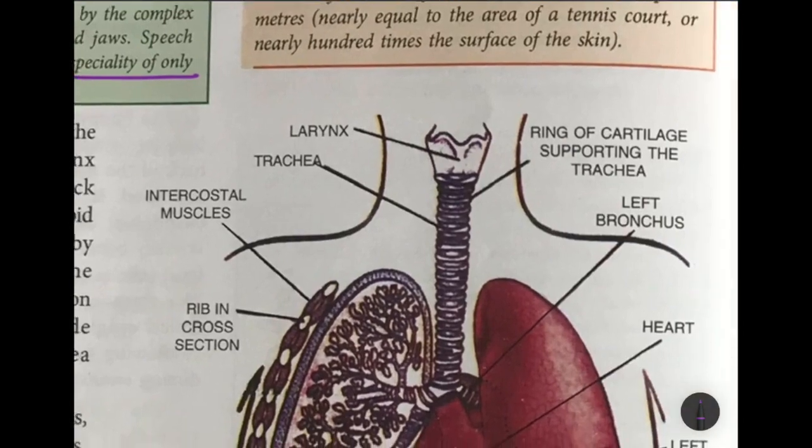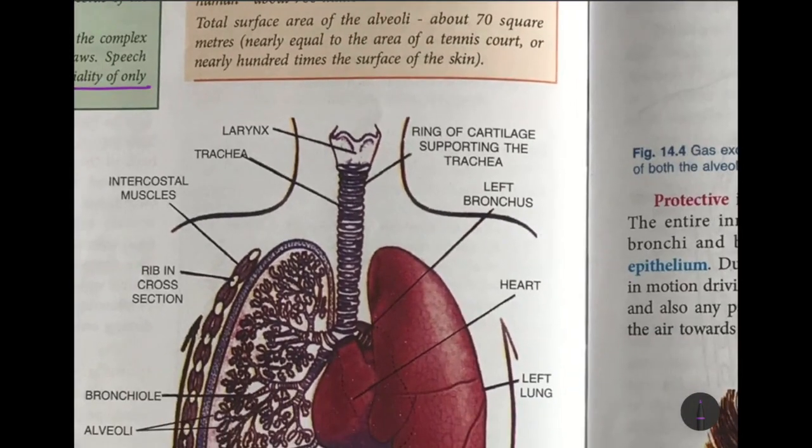Now next we come to the trachea. You can see the trachea, also known as the windpipe, emerges out from the larynx. It goes down below in the neck, where it is partly covered by the thyroid gland. So you will find the thyroid gland here, right at the beginning.